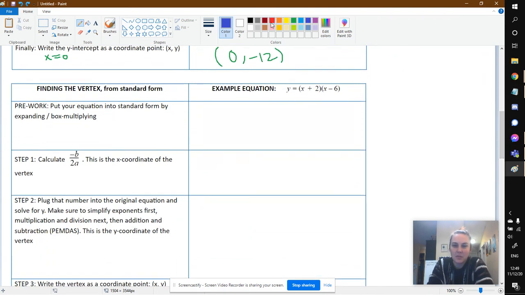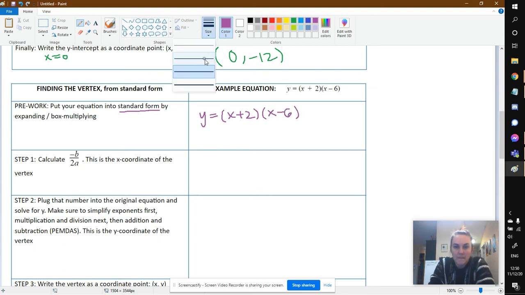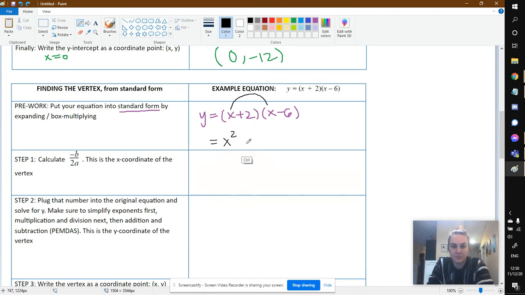And now we'll go over how to find the vertex. The pre-work is we want, at this point in our lives, standard form. So again, we either box multiply or FOIL. I'll FOIL on this one just because I did box multiplying before. FOILing looks like when you do x times x, you get x squared. You do x times negative 6, get minus 6x.